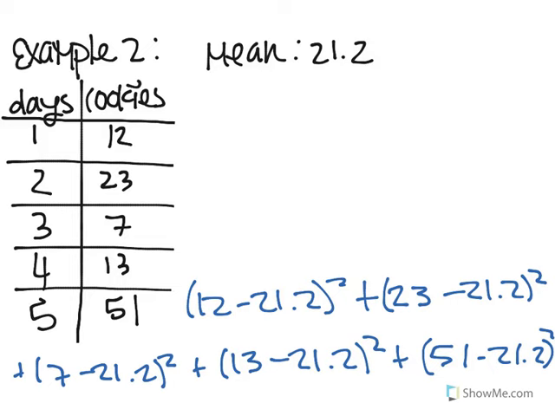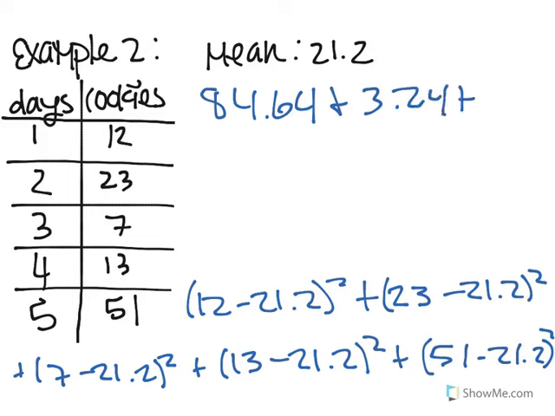So for (12 minus 21.2) squared equals 84.64. We add that to (23 minus 21.2) squared, which is 3.24.